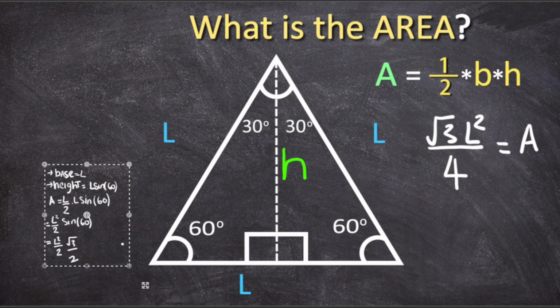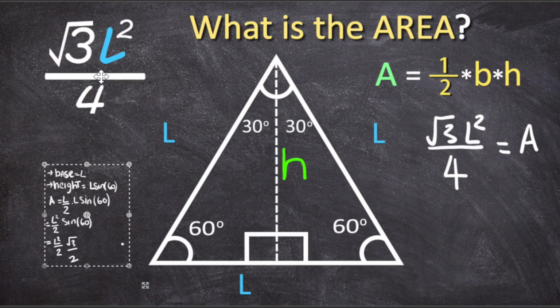Looking back at the original equation, you can in fact see that it is exactly the same thing. This is what we were looking for, and by going through all of those steps, this is what we arrived at, which is the area for an equilateral triangle. So now you know why this equation must give you the area of an equilateral triangle if you don't have the height, but you just have the length.